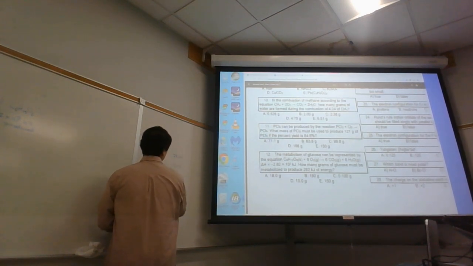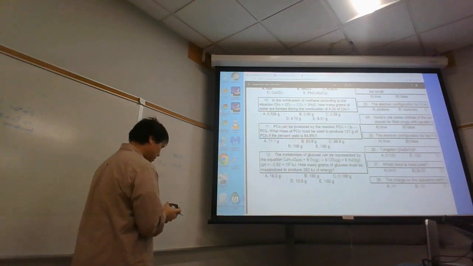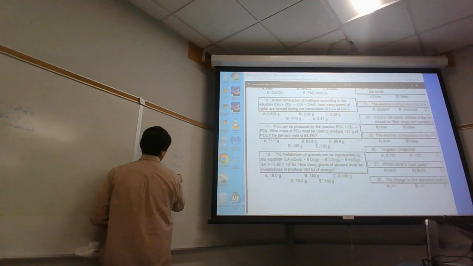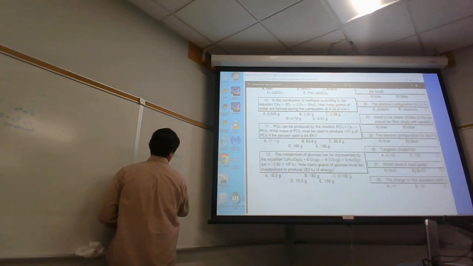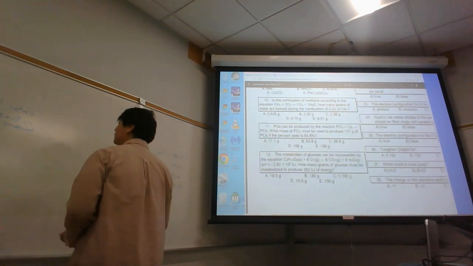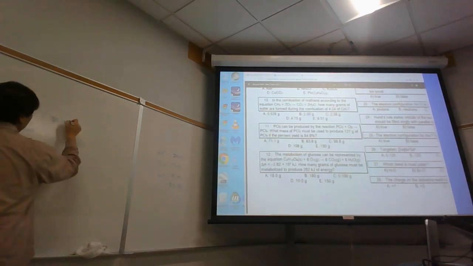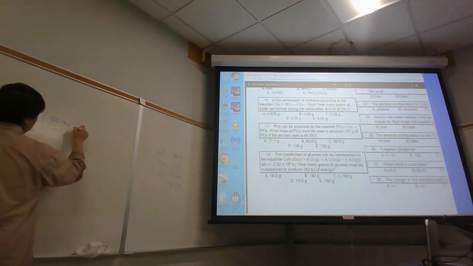And then 6 oxygens. So that's 6 times 16 is 96.00. So this is going to give us 180.18. So this is going to be 180.18 grams per mole of glucose.